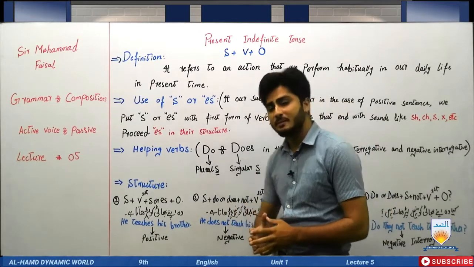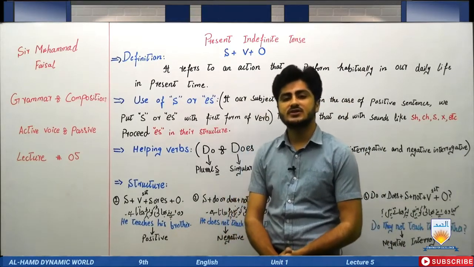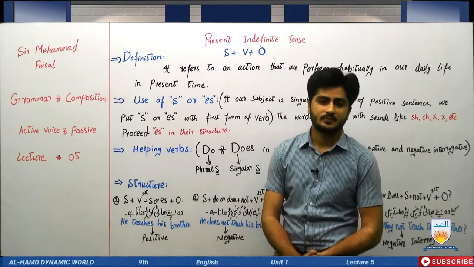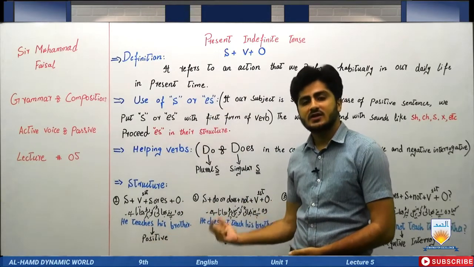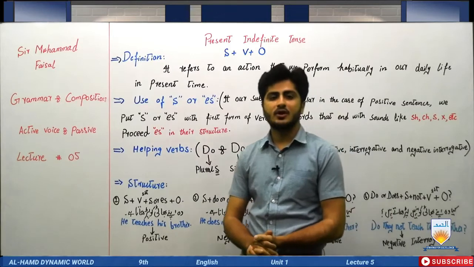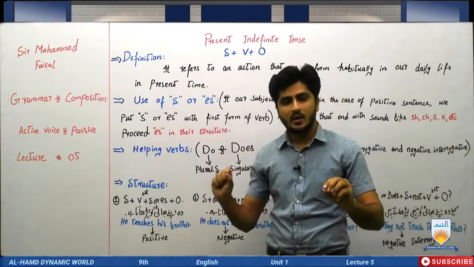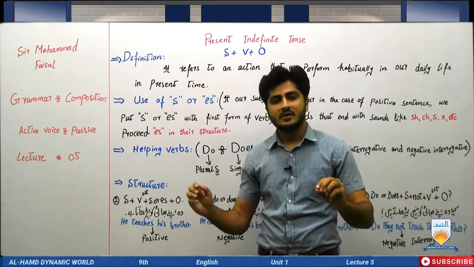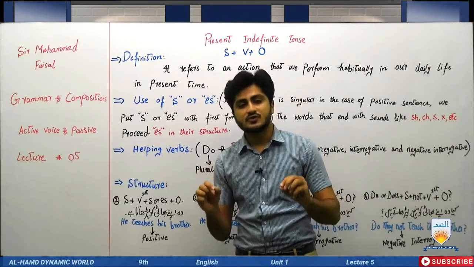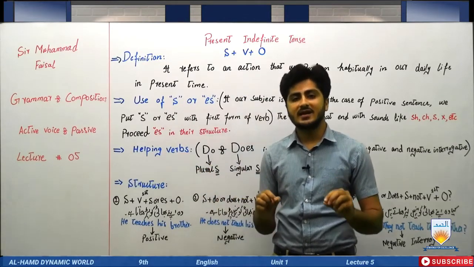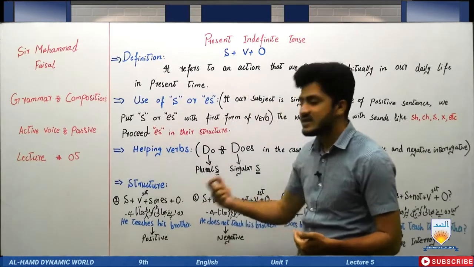Let me give you an example. वो अपने भाई को पढ़ाता है। He teaches his brother. Here you may observe, he teaches his brother. Here we are putting subject, then verb, first form of verb, then we are adding es because first form of verb is ending with the sounds ch.